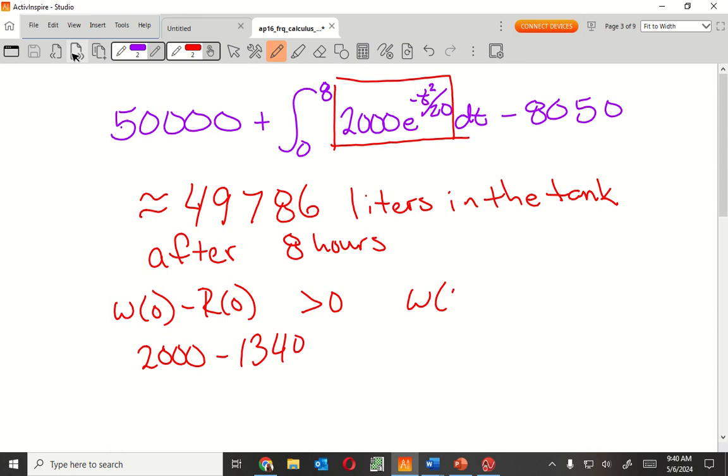Then W of 8 minus R of 8. So R of 8 was 700, and plug in W of 8.